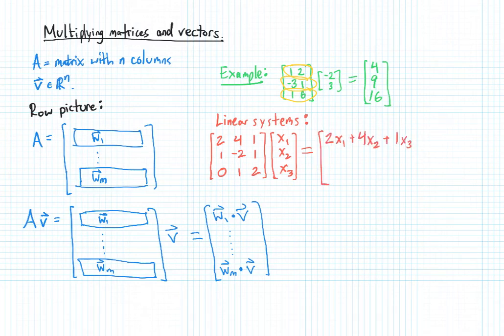And in the second row, you'll get 1 times x1 minus 2 times x2 plus 1 times x3. And now you can sort of see what's happening here. The entries of the matrix are the coefficients in the expressions on the right-hand side. And this is exactly the kind of expression that you would see in a linear system.